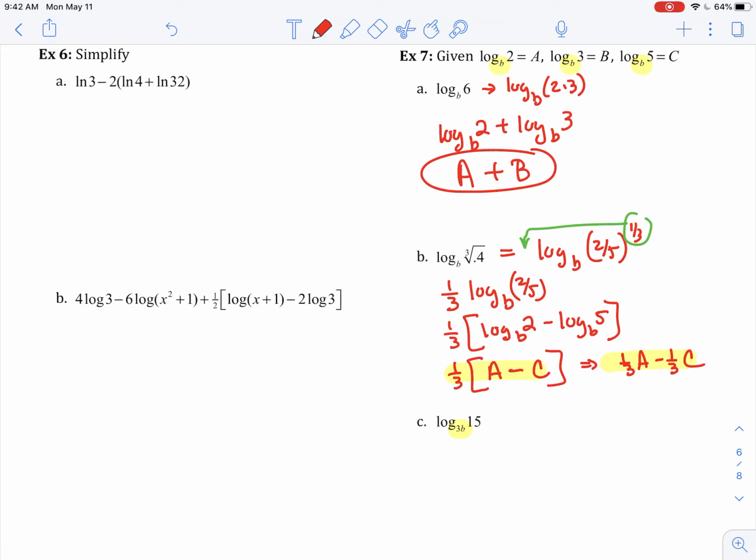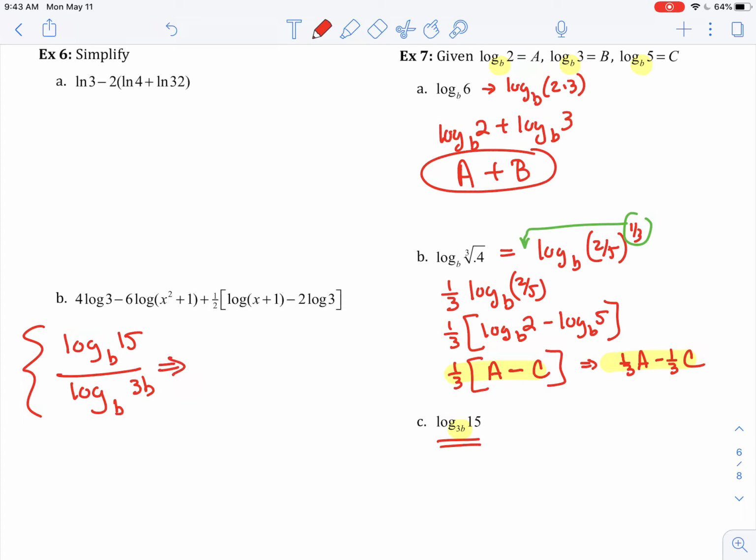And recall to do a base change, that would be the log of 15 to whatever new base we want, in this case, base b, divided by the log of the original base, which was 3b, to that new base that we want. So this and this are equivalent. All we did is do a base change from base 3b to base b.